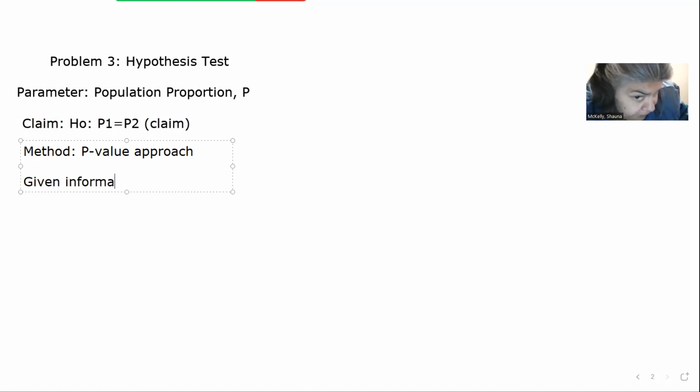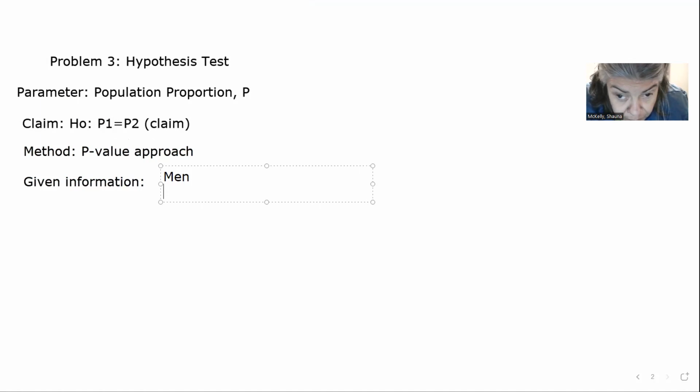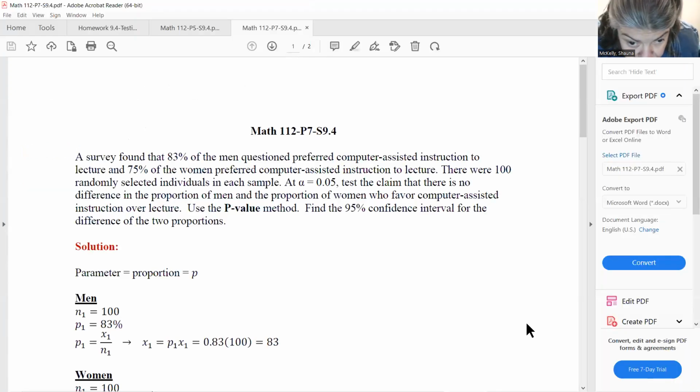My given information, okay? So I'm gonna have given information for the men. And I know that for the men, we have 100 and 83%.